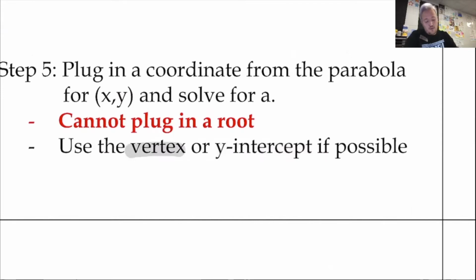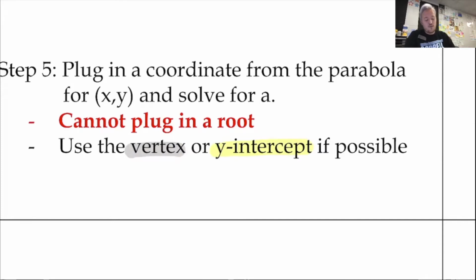I would say you want to prioritize the y-intercept. It's going to make the problem a lot easier since the x value is 0. But if they don't give you the y-intercept, then you may have to plug in another point. So the vertex is another good go-to in case they don't give you the y-intercept. Or you can just plug in a random point that's on the parabola. As long as the point is on the parabola, it doesn't matter what point you plug in.